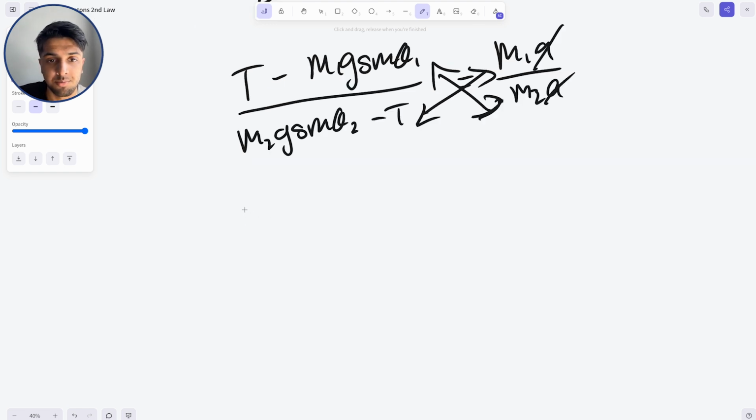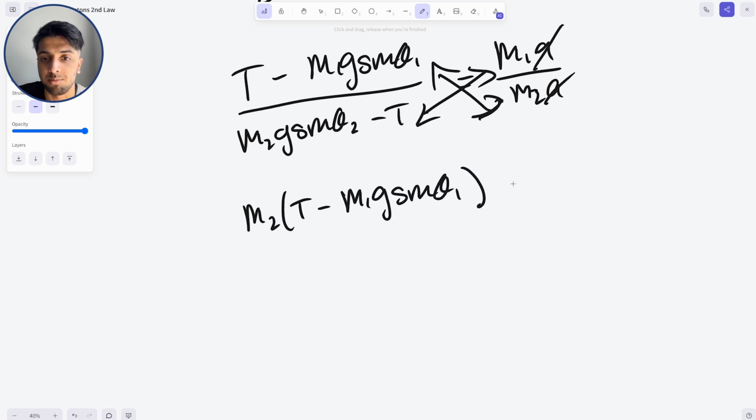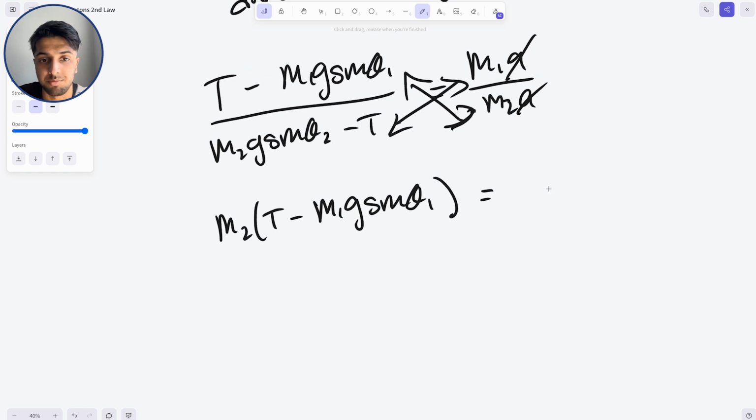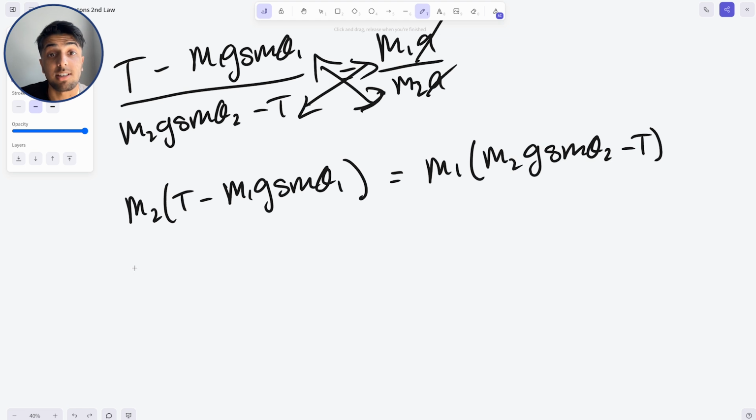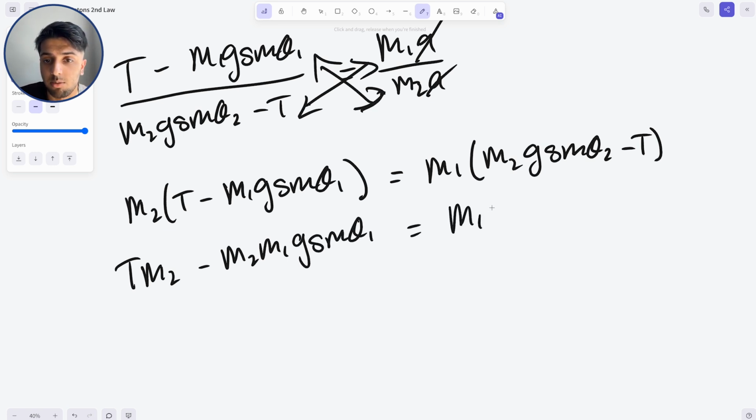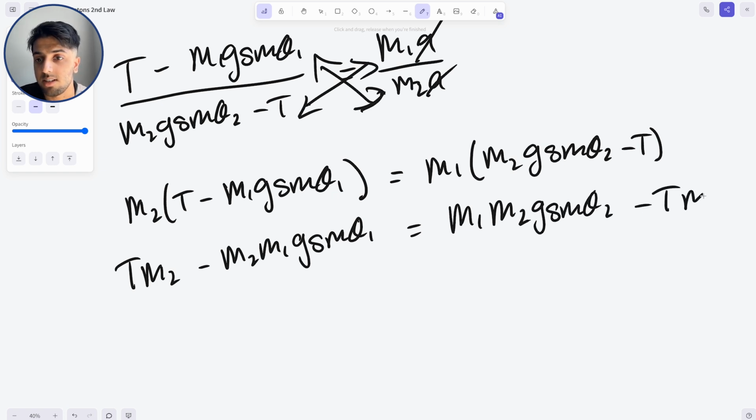And we get m2 (T minus m1G sine theta 1) is equal to m1 m2 G sine theta 2 minus T. Now expanding this out, we get T m2 minus m2 m1 G sine theta 1 is equal to m1 m2 G sine theta 2 minus T m1.